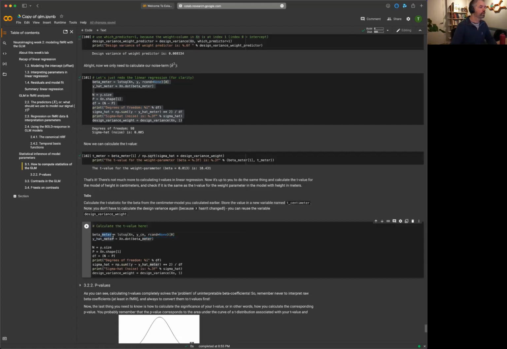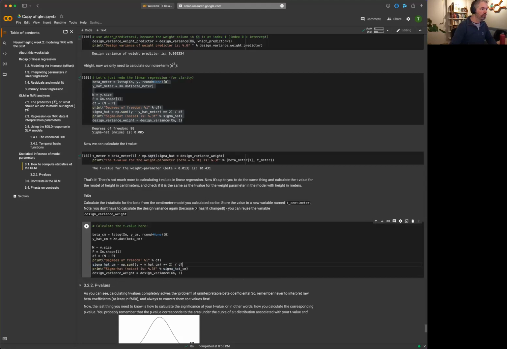So I'm going to go through. Oh, here there's another meter. It's not supposed to be there. CM, right? Let me see. Am I still good? Y hat, sigma hat, sigma hat. Yeah, maybe that should be CM, right?